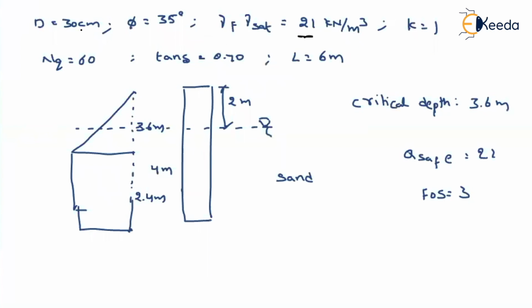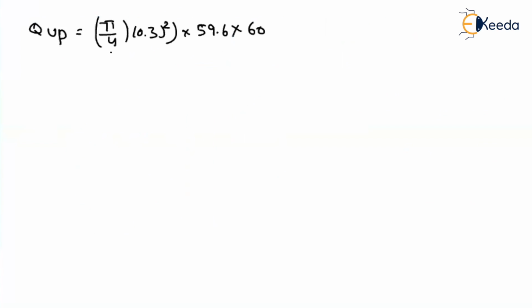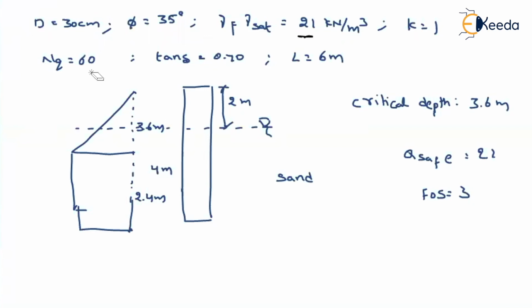If you convert into meter, 0.3, right? So 59.6 into area, into NQ will be there, right? What is the NQ value? NQ value is given as 60.